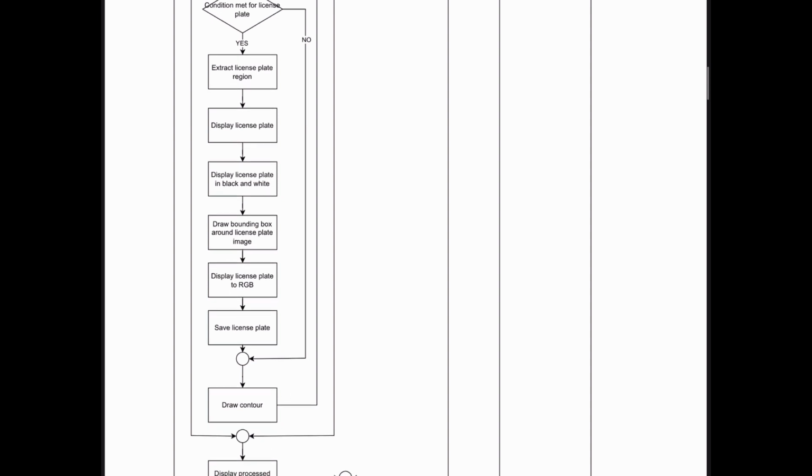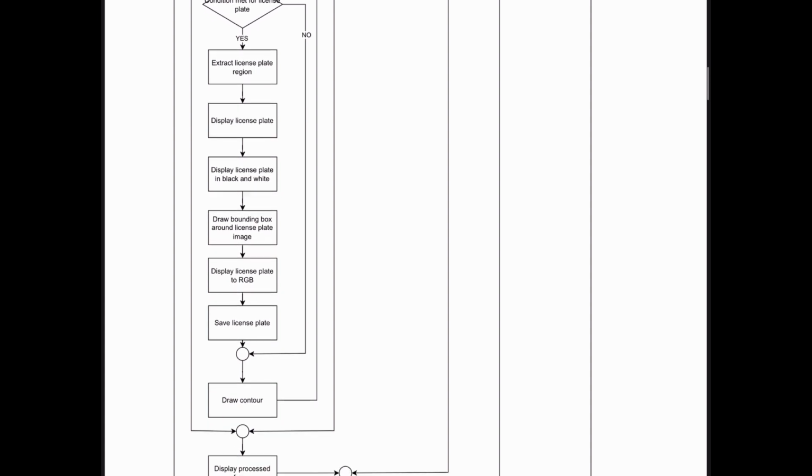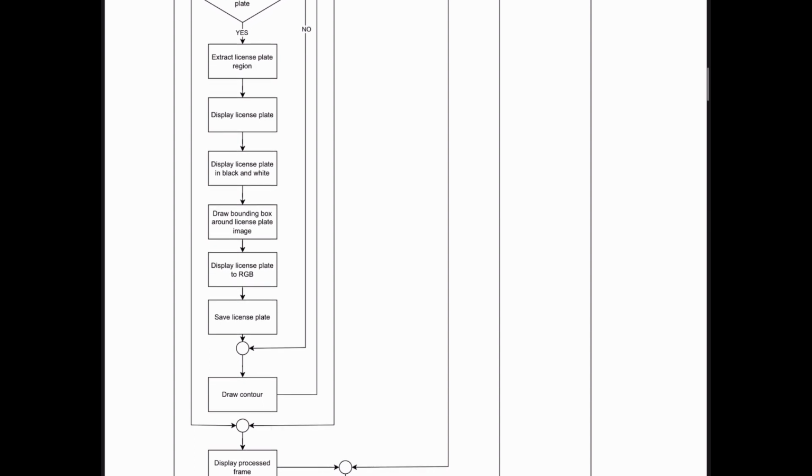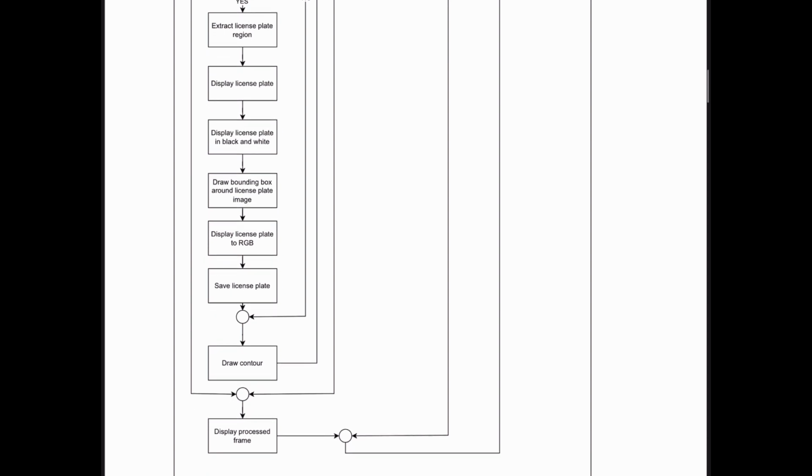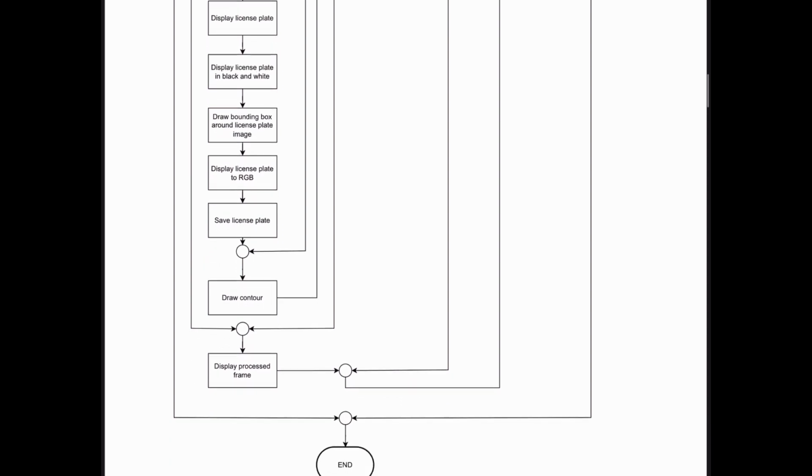Once thresholding is done, contours are detected in the frames. If contours are found, the algorithm iterates over them, calculating their areas and aspect ratios. If certain conditions are met, indicating the presence of a license plate, the algorithm extracts the license plate regions, converts them to black and white, draws a bounding box around the license plate image, displays the license plate in RGB, and saves the license plate image.